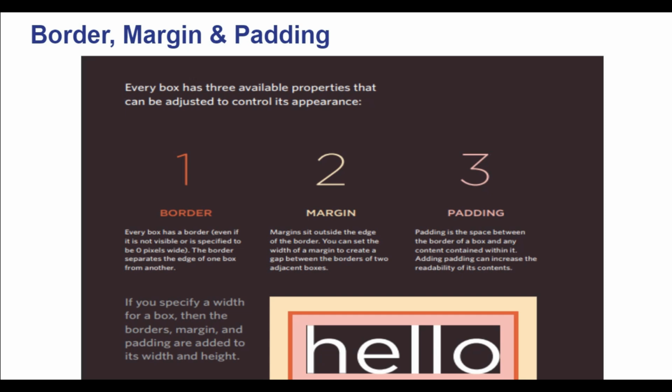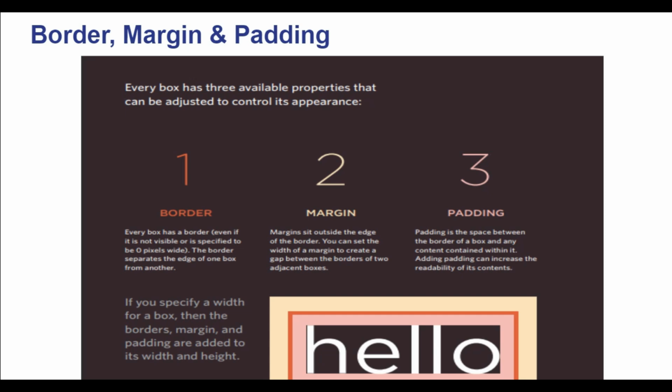Remember this: anytime you hear margin, it is the spacing outside the box. Padding, whereas, is the spacing inside the box, whereas border is just the line surrounding a certain box.